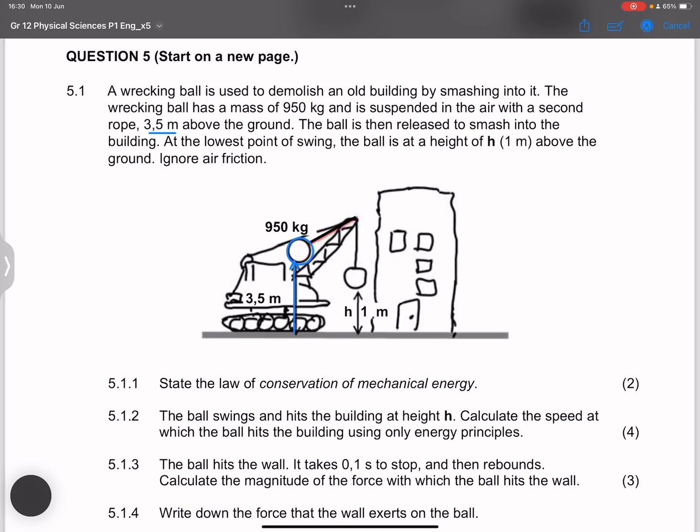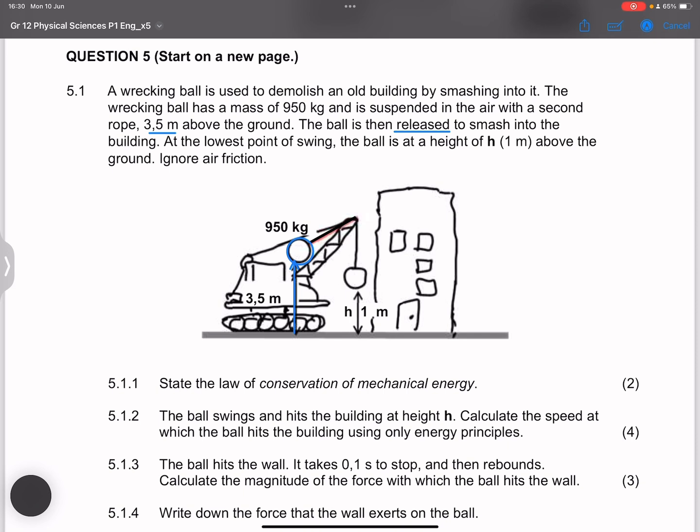They say the ball is then released. So note there, that means that its initial velocity is 0. To smash into the building, at the lowest point of swing, the ball is at a height of 1 meter above the ground. Ignore friction.